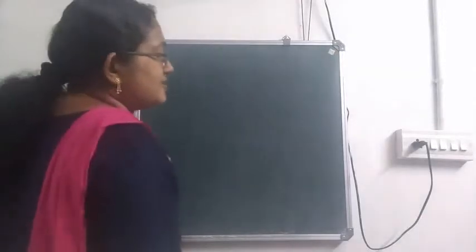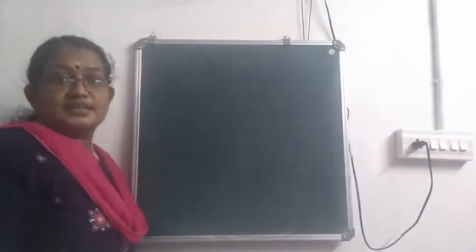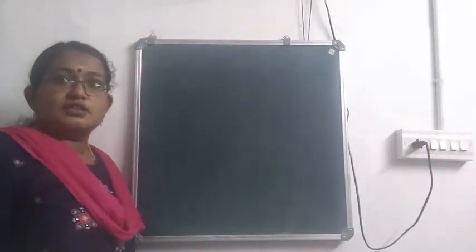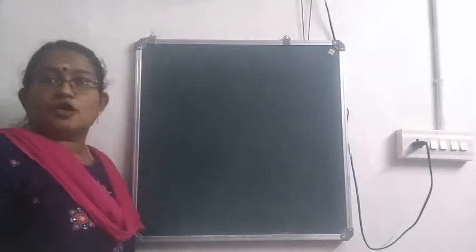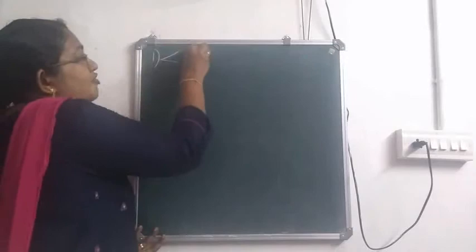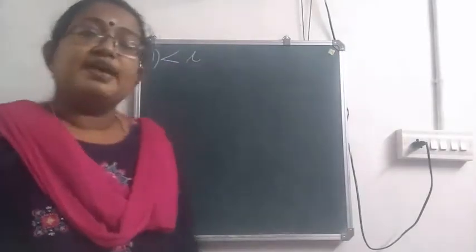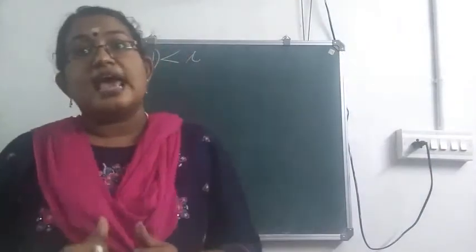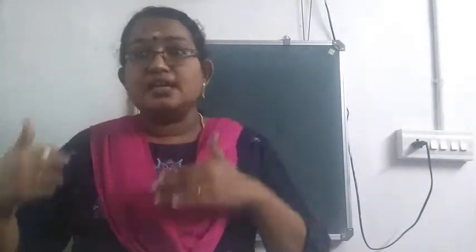First one is the angle of incidence. Okay, factors on which the angle of deviation depends. First one is angle of incidence. When angle of incidence increases, at first angle of deviation decreases.